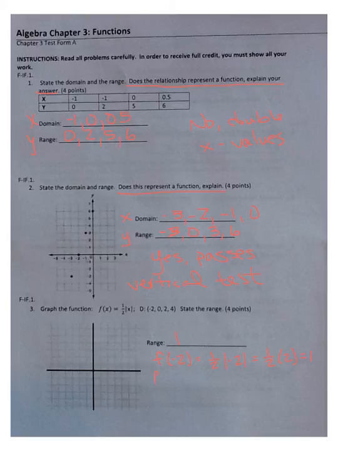Then we have f of 0 equals 1/2 times the absolute value of 0. Anything times 0 is just 0. Then we have f of 2 equals 1/2 of the absolute value of 2, which equals 1/2 times 2, which is 1. We already have one up there. We don't need to list it again.